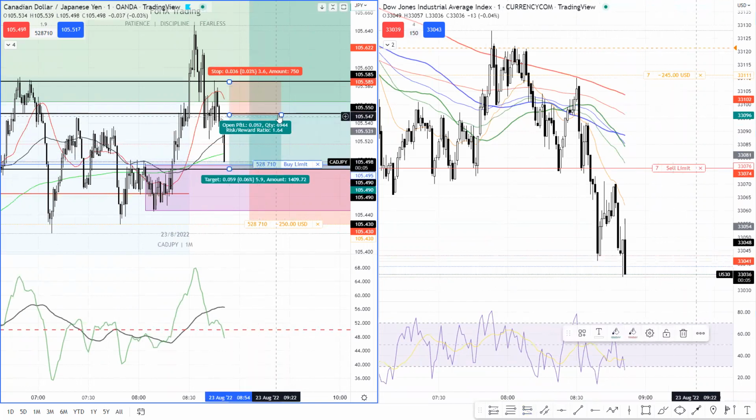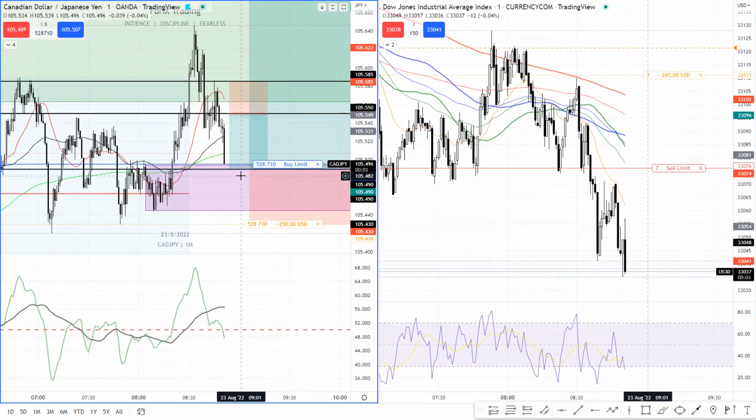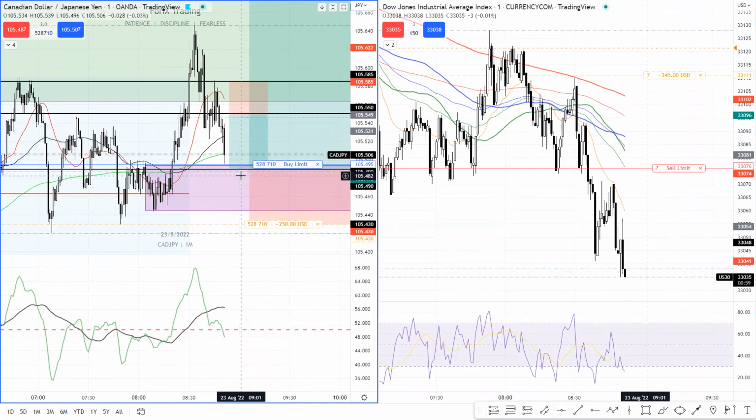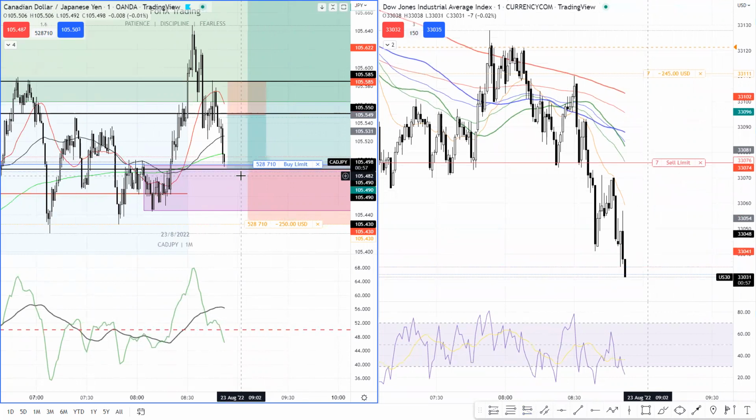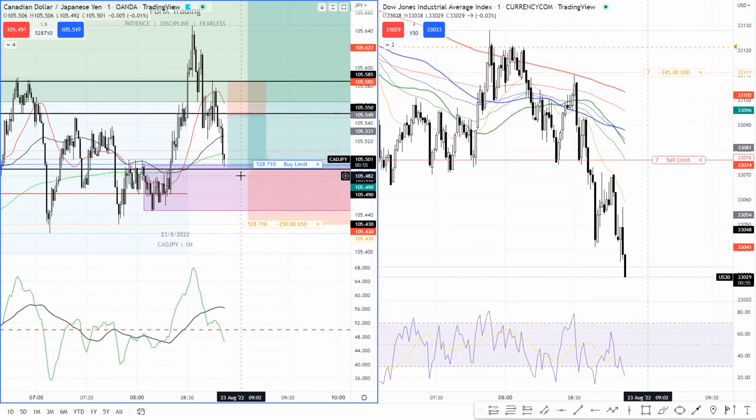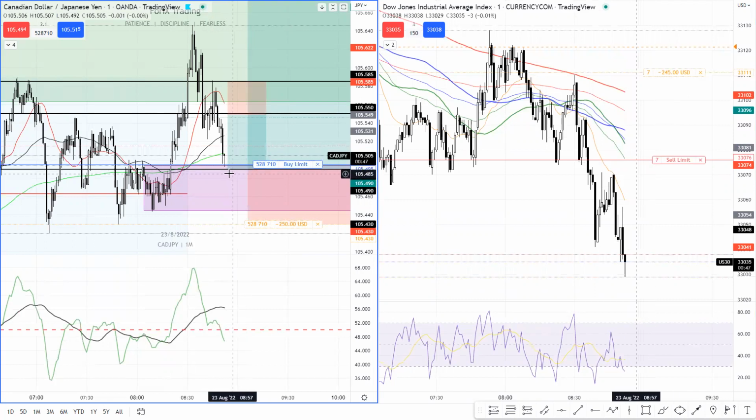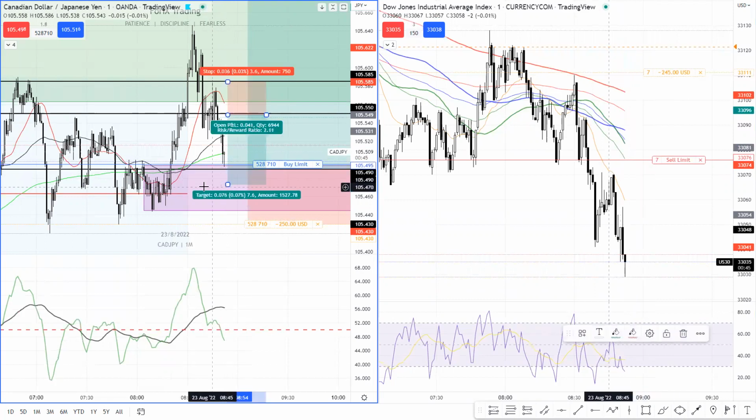It's a very small trade. I moved down a little bit lower because I think it might keep dropping.